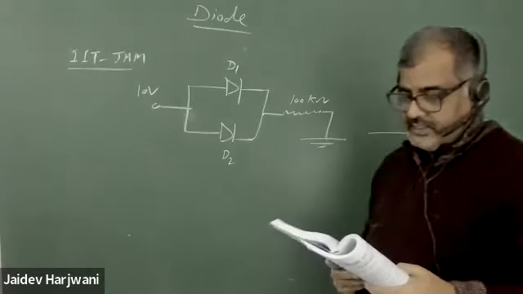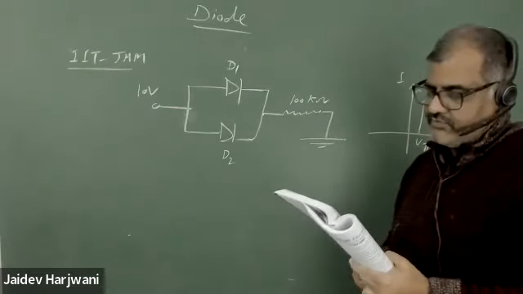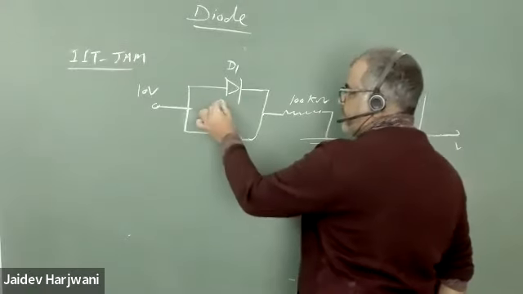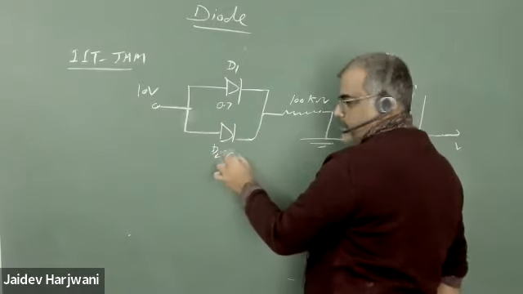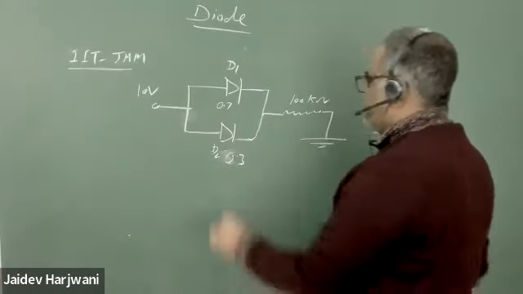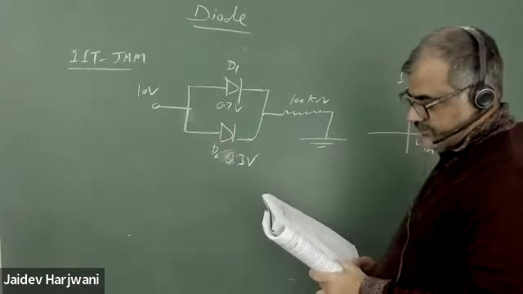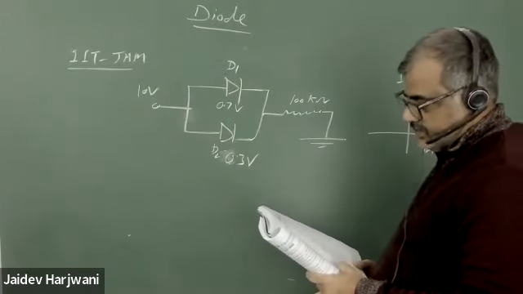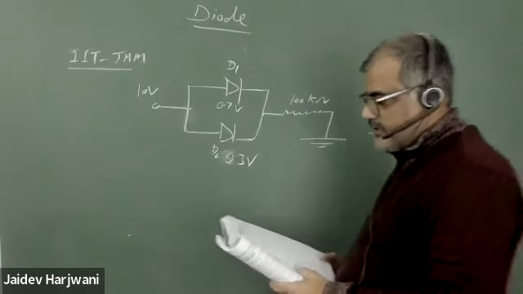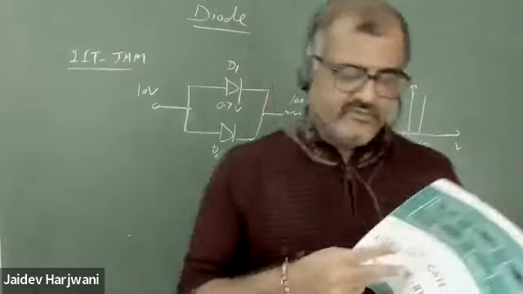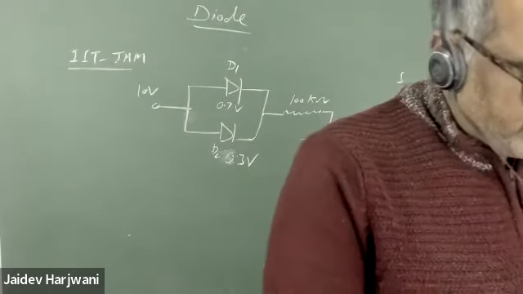They say the diodes D1 and D2 have threshold voltage of 0.7 and 0.3. And they are asking: find the current through the resistor R. Calculate how much is coming.